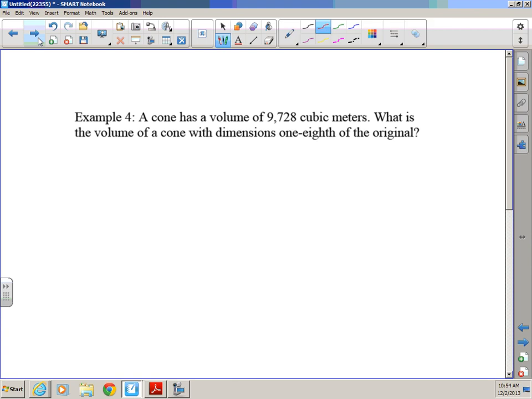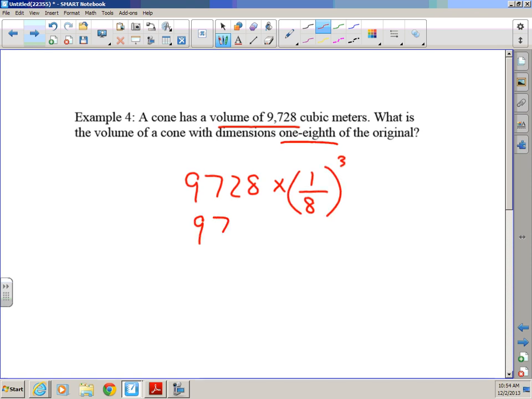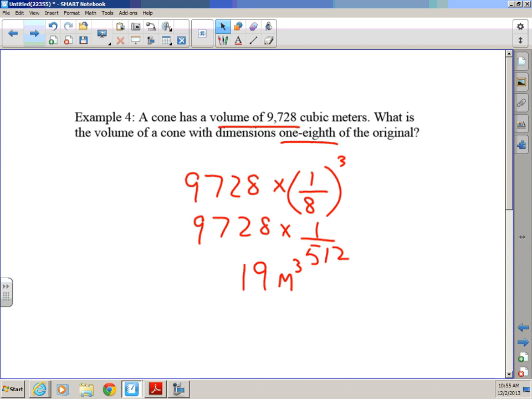I have a volume, and again, it really doesn't matter what type of shape we're talking about here, all right? Of 9,728, 1/8, that's being cubed, so that's 9,728 times 1 over 512, and that tells me that my new figure is 19 meters cubed, okay?